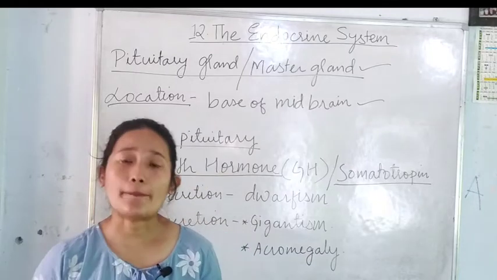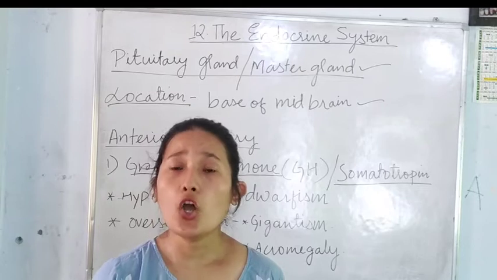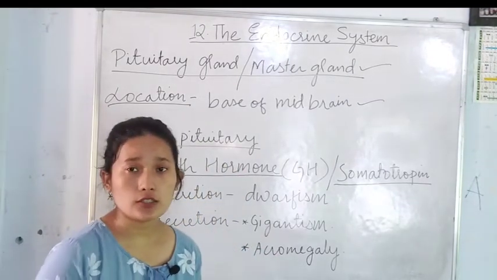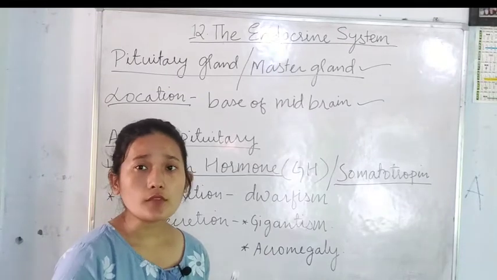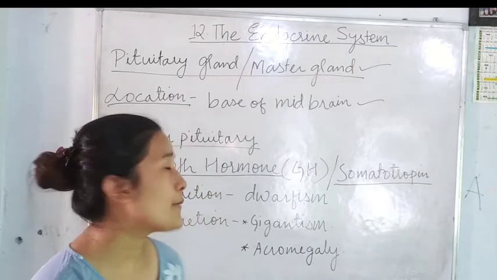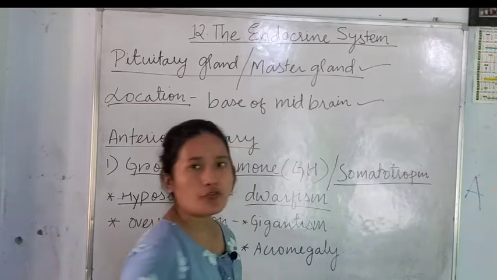Now what would happen if your growth hormone is secreted in excess amount or in a low amount? First let us discuss the disease that is caused because of the secretion of growth hormone in a low amount. That is, hyposecretion of growth hormone will result in dwarfism.